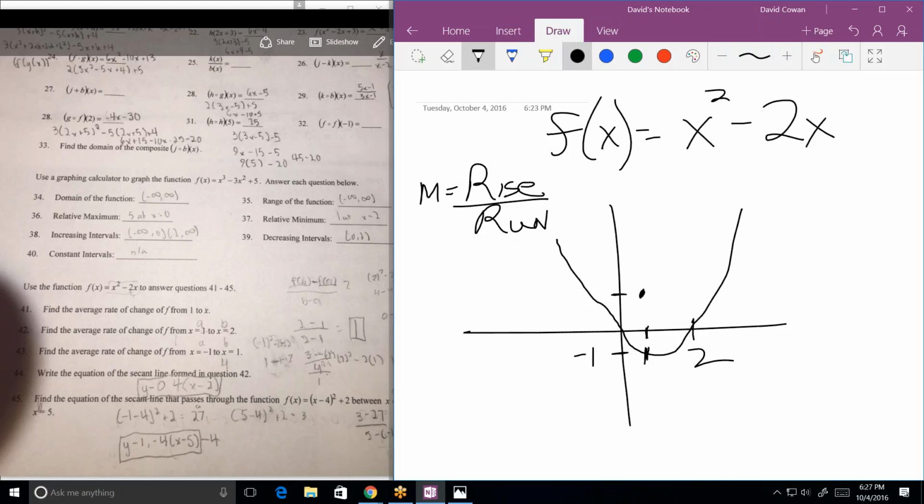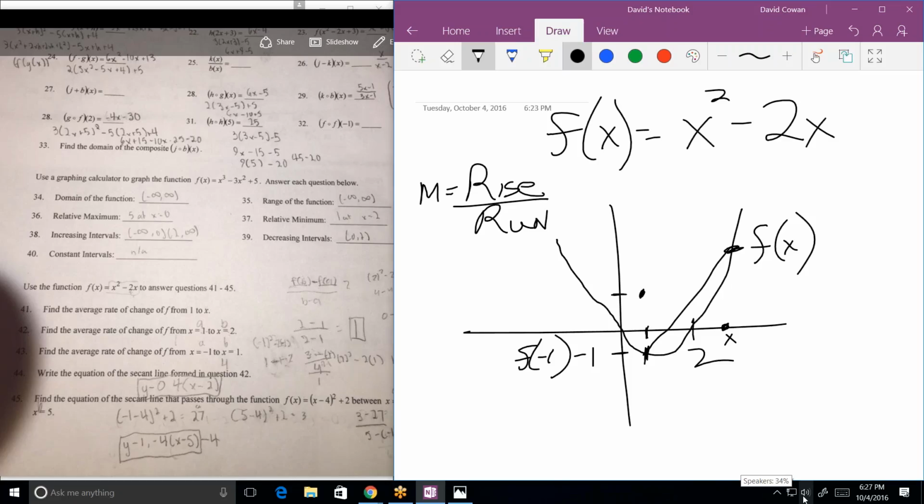So if I'm going from that point somewhere to an unknown x, which I'm going to label like that, well, here's f of 1 right there, and that is f of x. So the rise here, in other words, I want the slope of that line, right? That's what they're asking for when they ask for average rate of change.